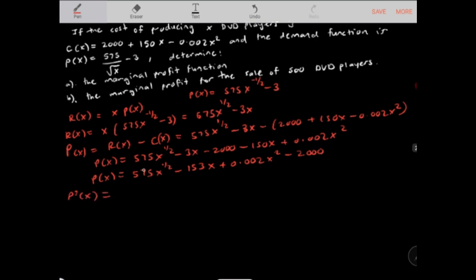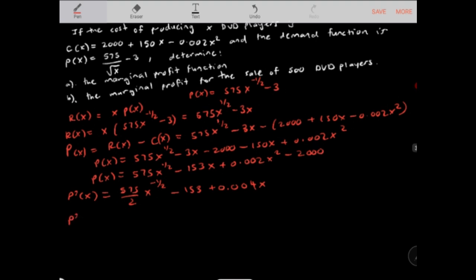Now to find the marginal profit function, I'm just going to take the first derivative of everything. The derivative of 575 x to the power 1/2 is 575 over 2 x to the power negative 1/2, minus 153, plus 0.004x, and the derivative of 2000 is 0. Then we want to figure out the marginal profit for the sale of 500 DVD players.